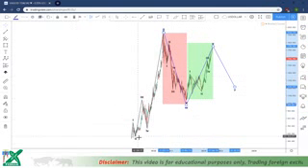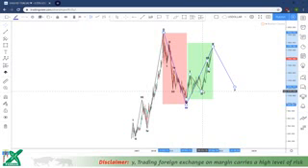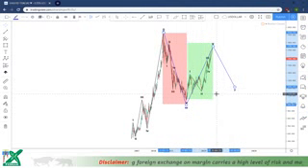So now you know that every time we get higher highs and higher lows, there is a bullish market, and whenever we get lower lows and lower highs, that is considered a bearish market. But whenever we do not get lower lows and lower highs, or higher highs and higher lows, that market is considered a consolidative market.